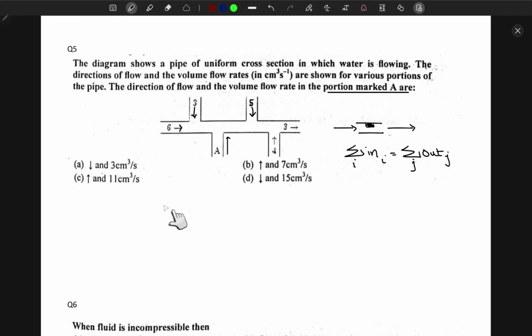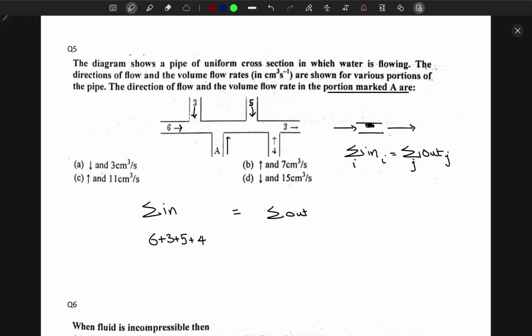6 is going in. So let's write in is equal to out. Sum. So what is going in? 6 is going in. 3 is going in, so plus 3. 5 is going in. 4 is going in.